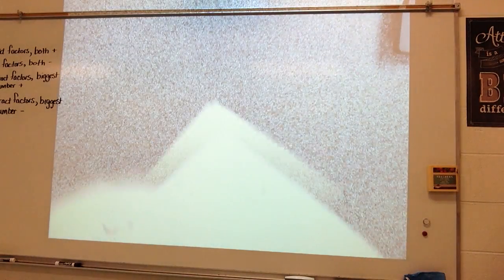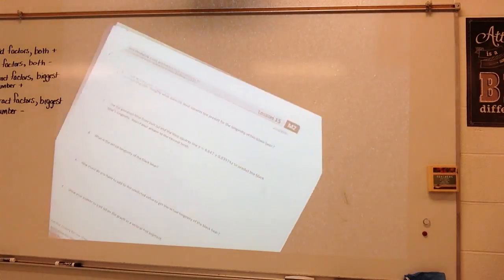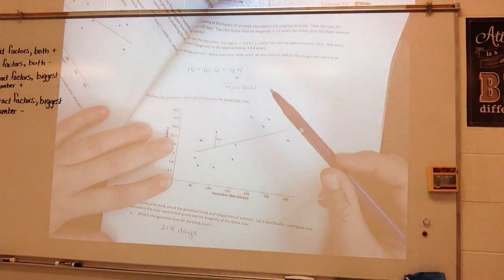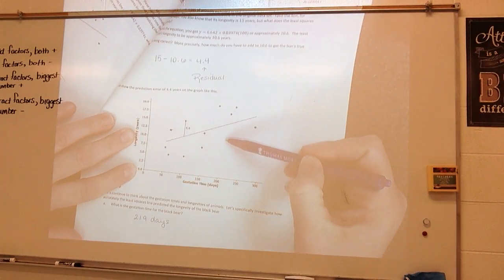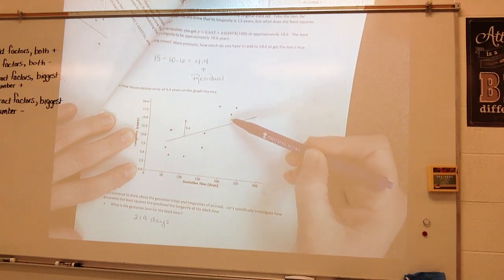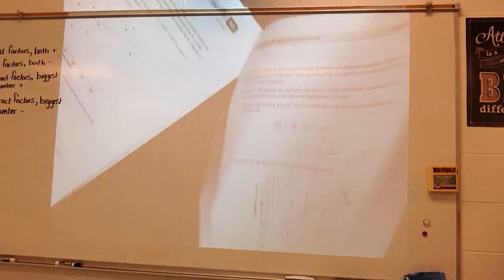Look at the graph. Roughly, what does the least squares line predict the longevity of the black bear to be? Well, we're going to go to 219 days, which is right around here. So roughly about 15 years.